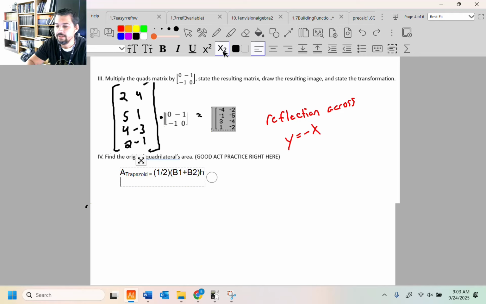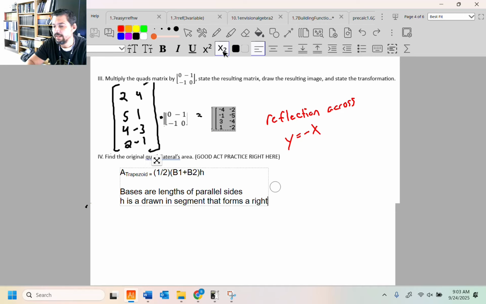times the height. Now, your bases are the lengths of the parallel sides. All right? And the height is a drawn-in segment that forms a right angle with a base. Or actually with both bases.